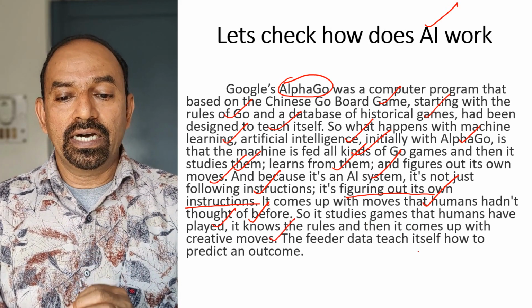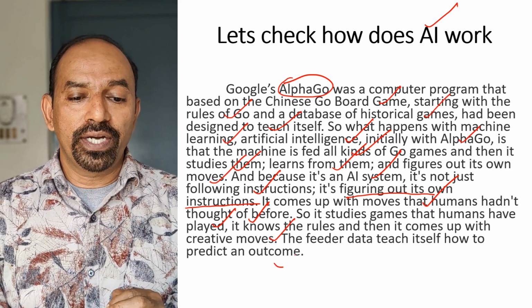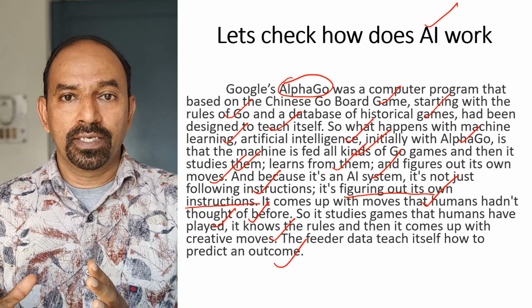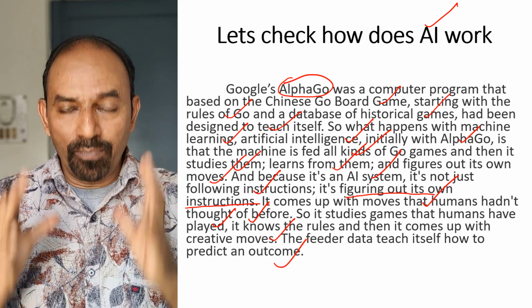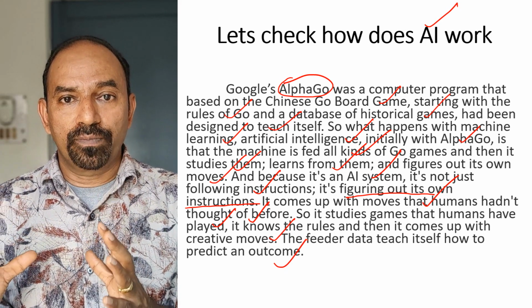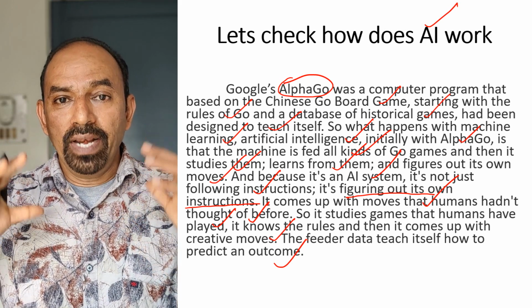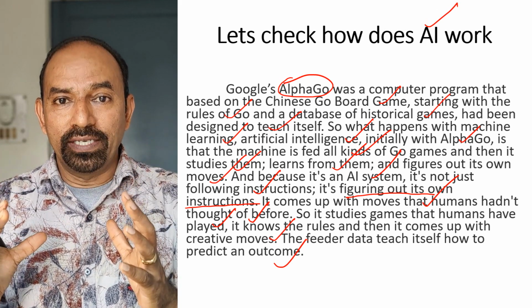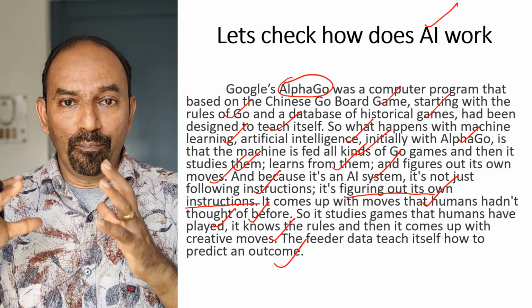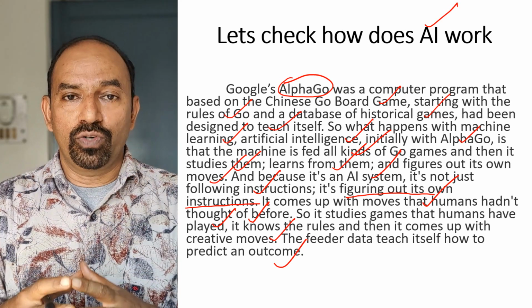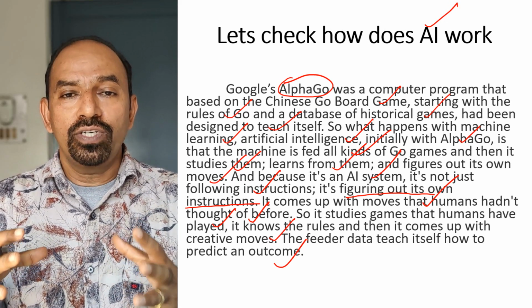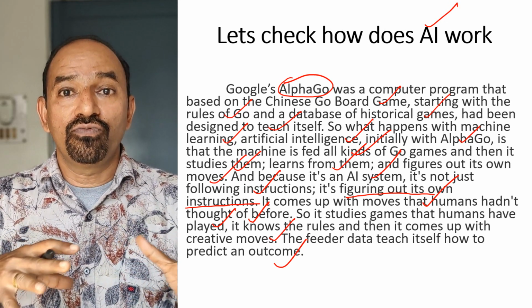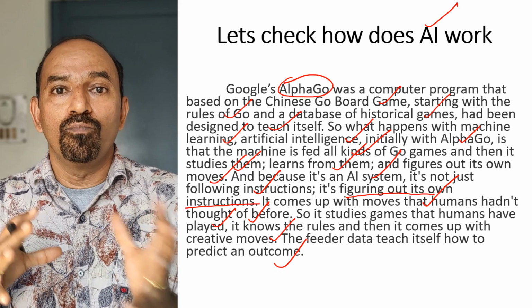The fed data teaches it how to predict an outcome. This is what happened with the computer program AlphaGo. Millions of movements that humans can make were fed into the computer, and finally with that data the computer is enabled to form its own movements.